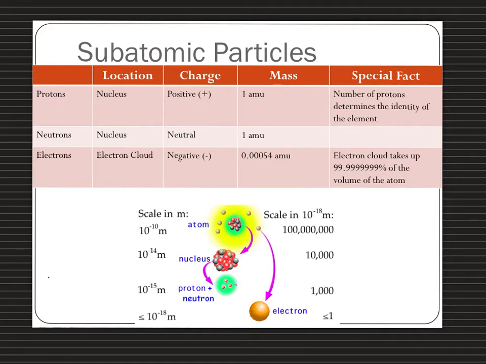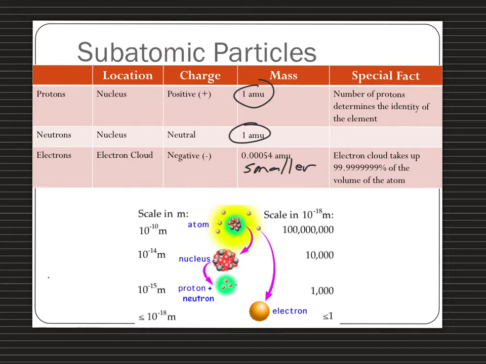If you notice, protons are 1 AMU, neutrons are 1 AMU, so they're about the same size. And electrons are 0.00054 AMU, which means they are much smaller than the other particles, a lot smaller.